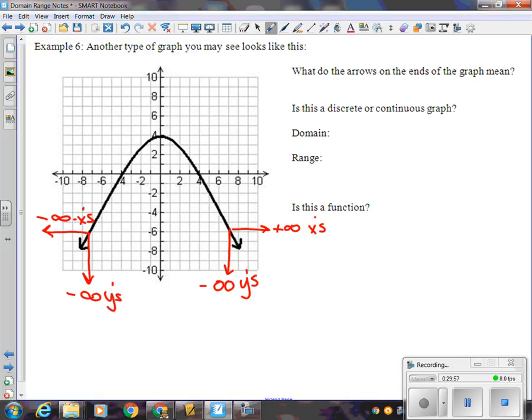All right. What do the arrows on the ends of the graph mean? Going to infinity and beyond. Okay. Is this a discrete or continuous function? It is continuous because it doesn't stop. It's asking me for the domain. Now, remember, when you do domain on a graph, you go from the farthest x's to the what? Farthest to the right x's. How far do you go?